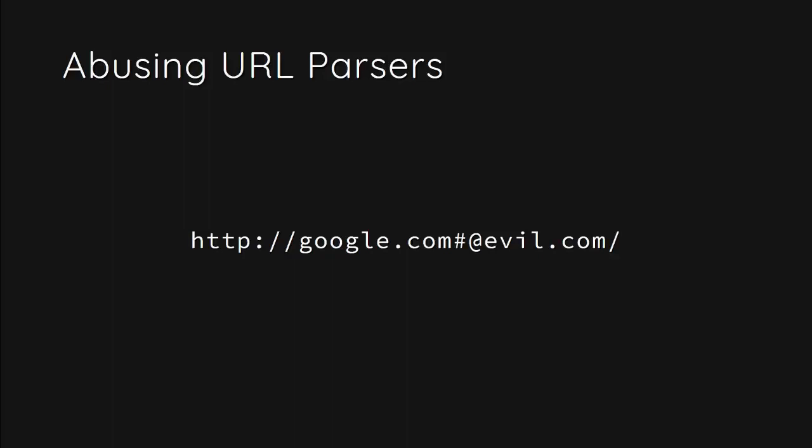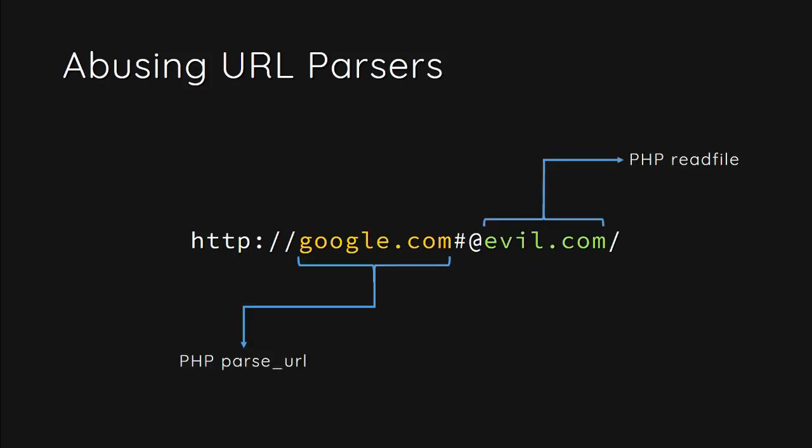And how about this URL? google.com#@evil.com. This is another interesting case. parse_url will recognize google.com as the hostname, but file_get_contents fetches evil.com.